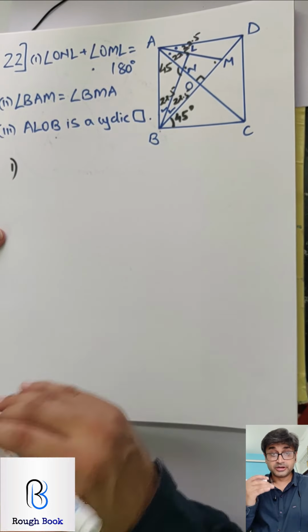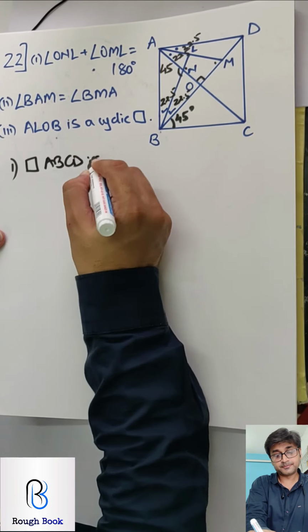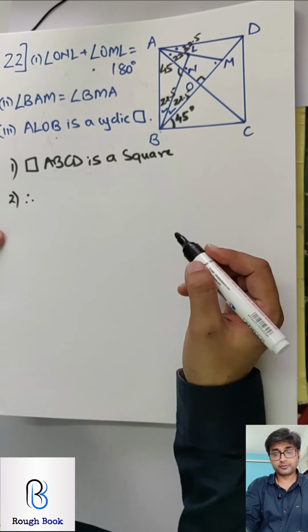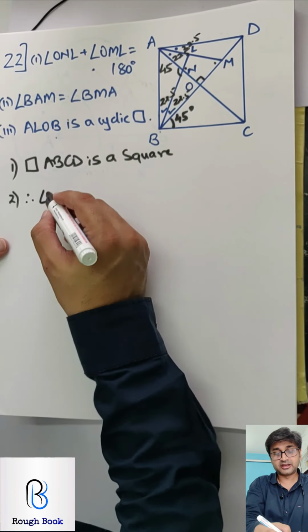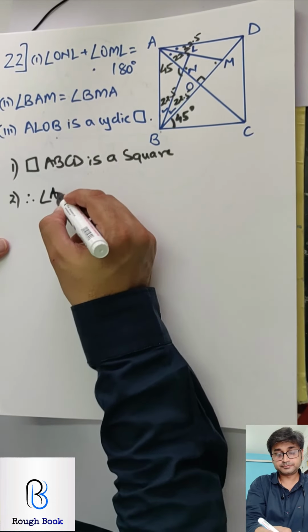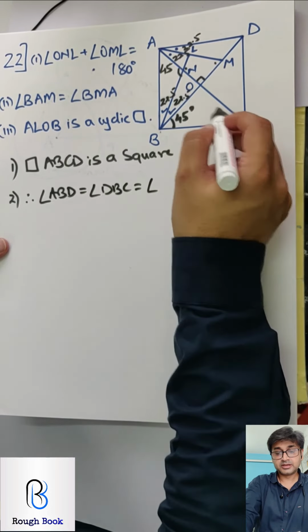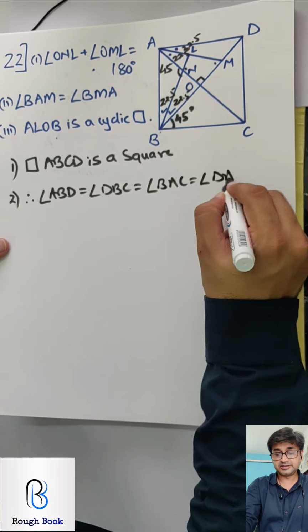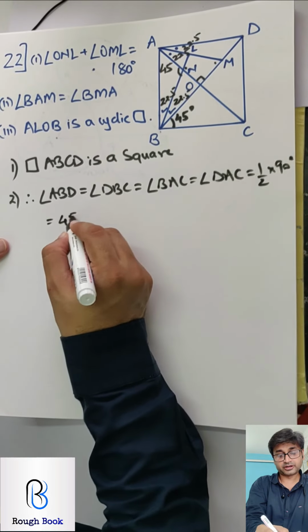So how are you going to minimize the steps and still present your sum very well? So pay attention. Quadrilateral ABCD is a square, and therefore diagonals bisect the angles. So we'll say therefore angle ABD is equal to DBC is equal to BAC is equal to DAC equals half of 90, that is 45.